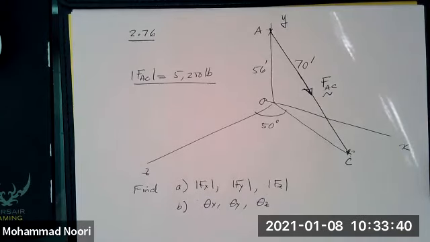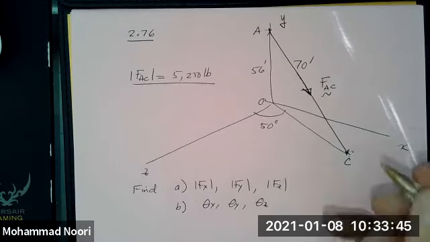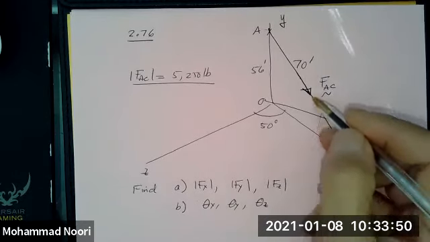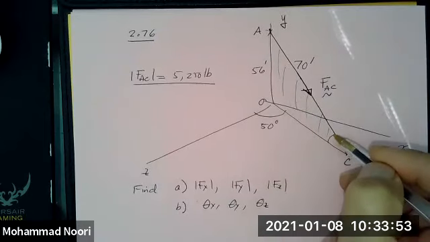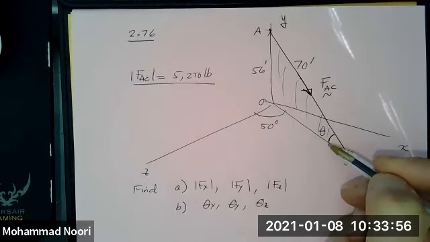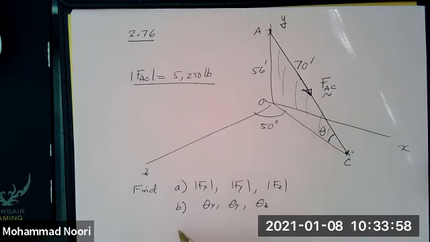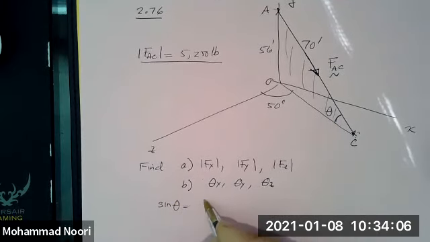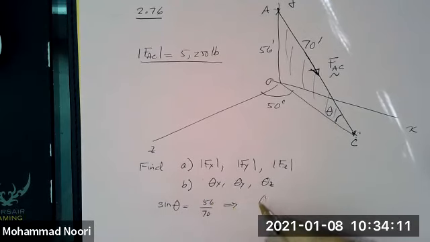So let's begin, okay? This is how I would solve this problem. First of all, in this triangle, if this angle is theta, I can write the sine of theta is 56 over 70. That will give me theta comes out to be 53 degrees.